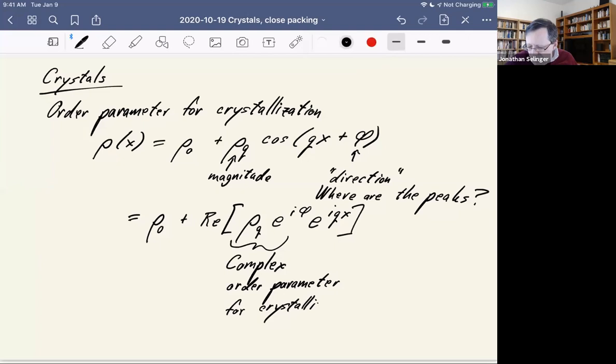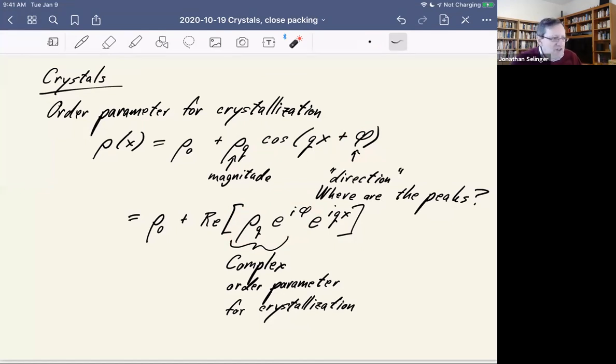The point of the complex number is just that it's a way of designing an order parameter that's the right type of mathematical object to do this job. It's taking the type of order, which has both a magnitude and special positions, and putting them together into the right kind of quantity.